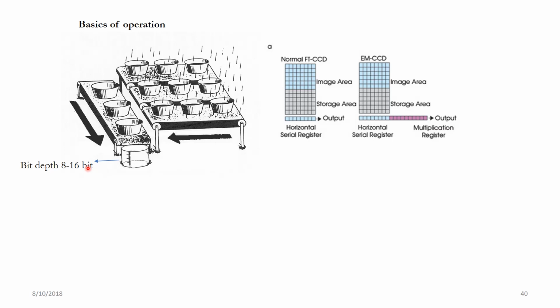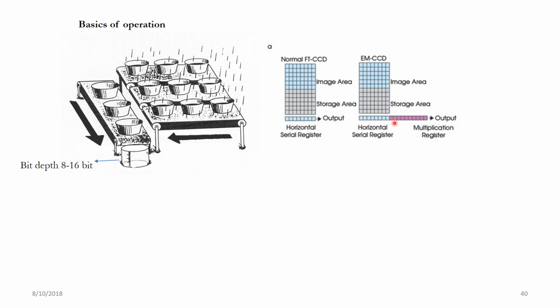If your CCD is collecting the raindrops like this, it is going to give you a good image, but it will be very low intensity because the amount of electrons that will be generated are 2, 3, 4 or a couple of hundreds maximum. If you want a great image, then you need to have an EM, electron multiplying, just like PMT.